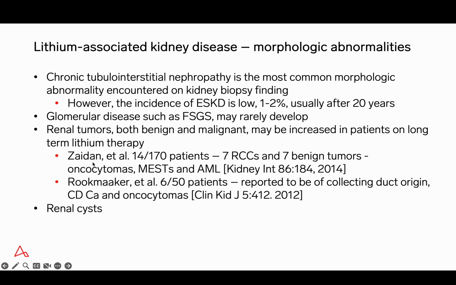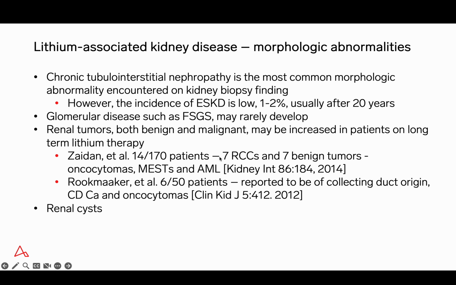A couple of reports have indicated what appears to be an increased risk for a variety of renal tumors, both benign and malignant, in patients on long-term therapy. In this first article by Zaidan, 14 of 170 consecutive patients on long-term lithium therapy had renal tumors.